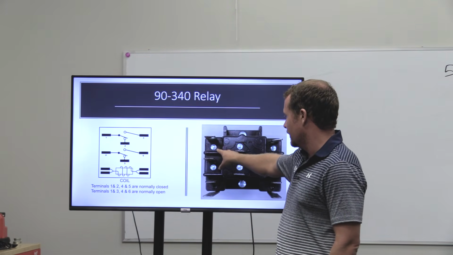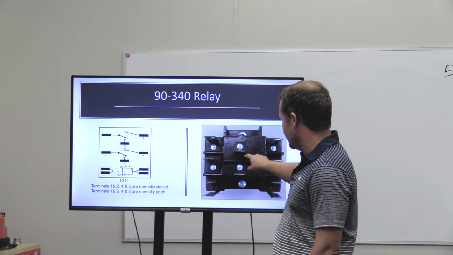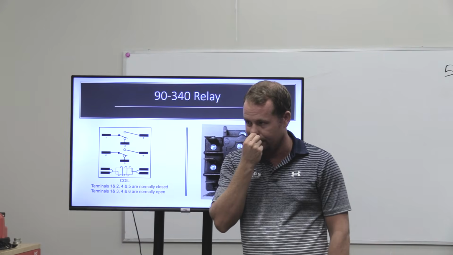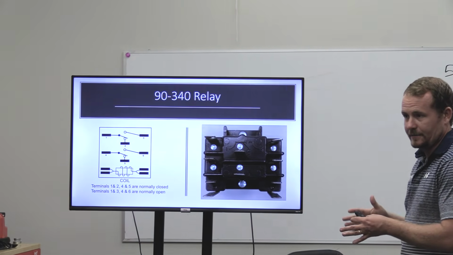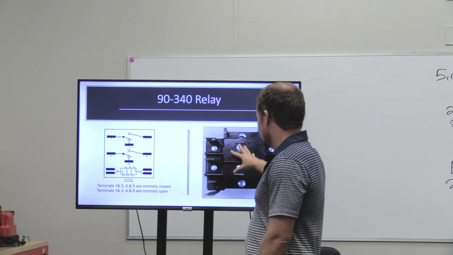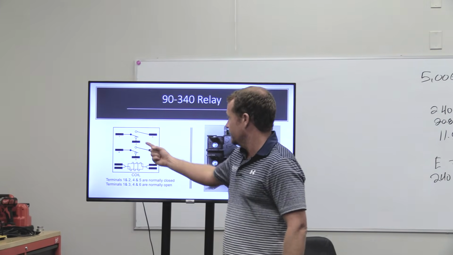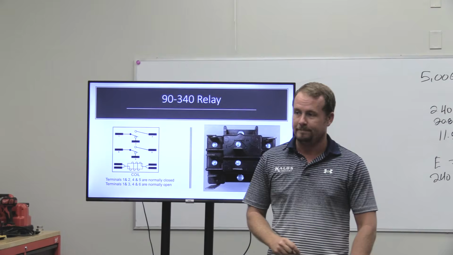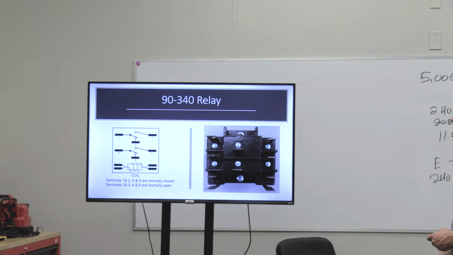And you'll see they have this same diagram drawn on here. That's this guy right here. 1 and 2 are closed, 1 and 3 are open, right? If you energize it, what happens? From here to here it goes open, from here to here it goes closed. And this guy, same thing, same time. Make sense? All right, cool.